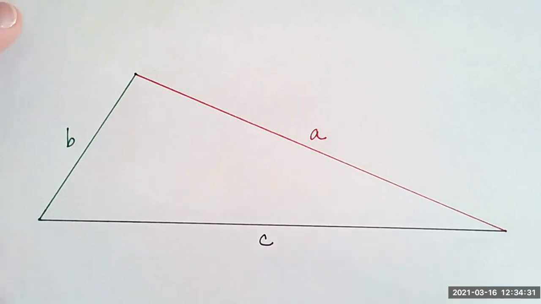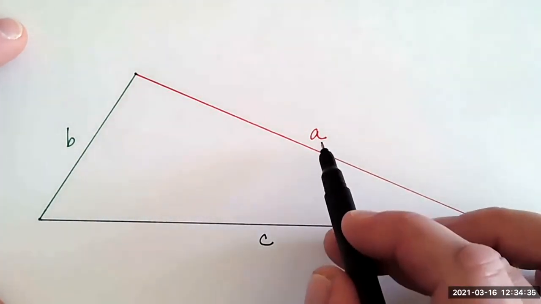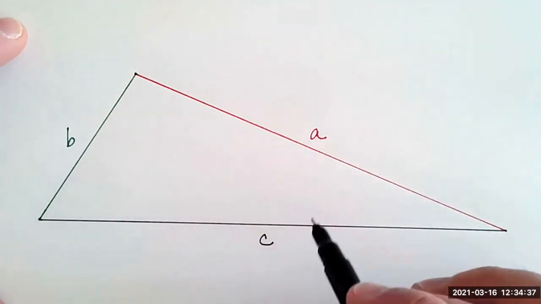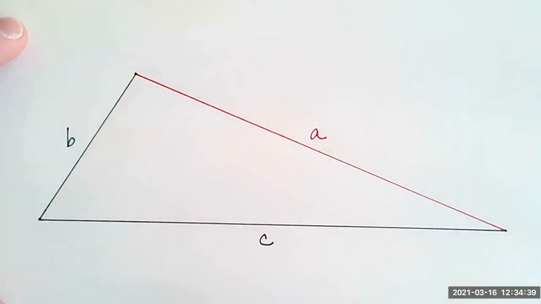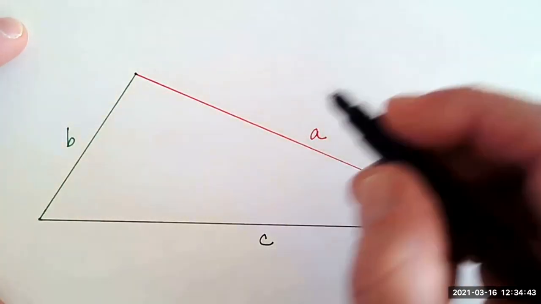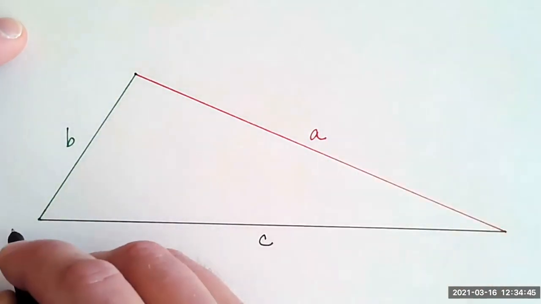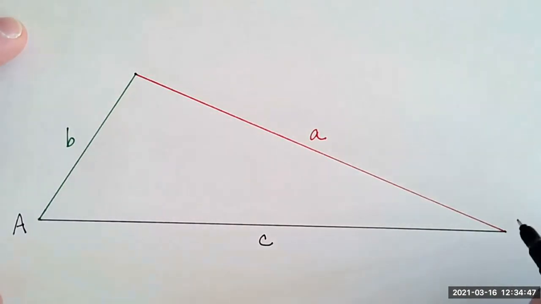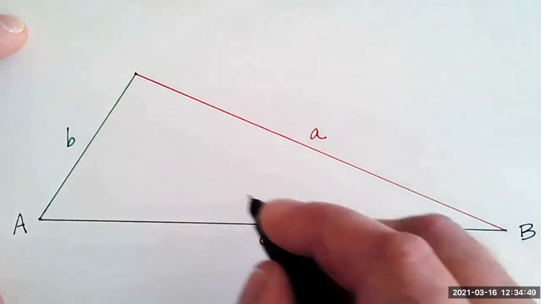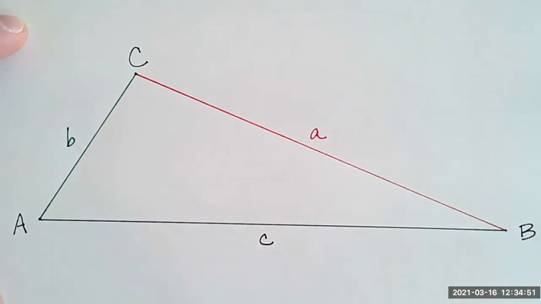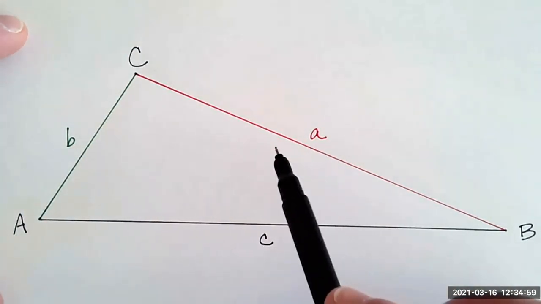Remember the convention for labeling a triangle. Sides or parts of lines are lowercase. Points or vertices are capital. And in this diagram, we would have the vertices A, B, C opposite the sides a, b, and c.